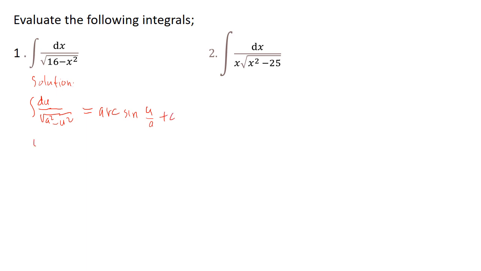But here your u is equivalent to x, then your a equals 4.